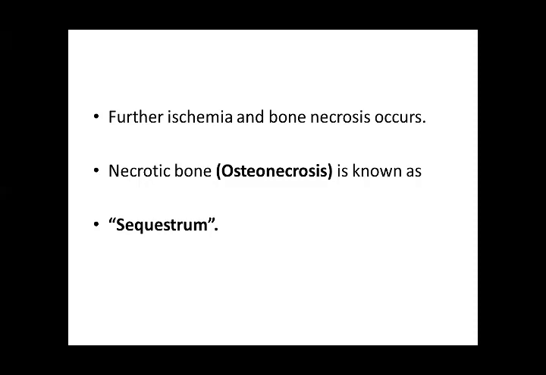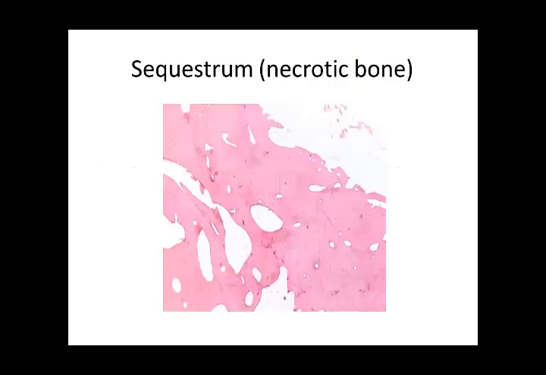That dead or dying portion always initiates a reaction around the normal bone, and that causes some new bone formation. This new bone is the involucrum. So sequestrum is the dead bone, that portion of the bone affected by the osteonecrosis, and involucrum is the live bone caused by the secondary new bone formation.